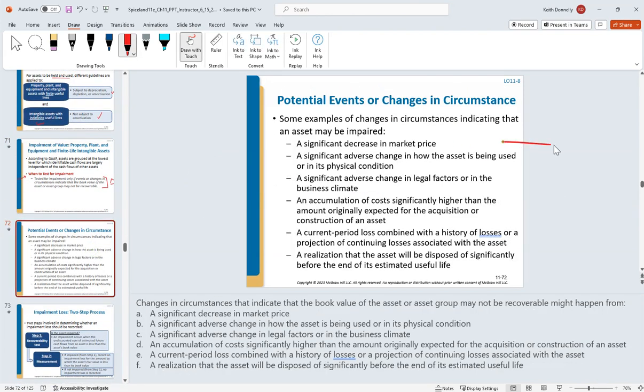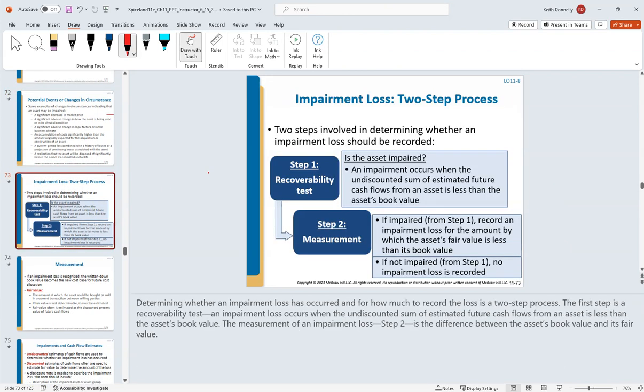So there are all these situations that could arise that would give indications, right? Maybe there's a significant decrease in the market price. All of these different scenarios. Whenever there's a change that would make it reasonable to test for impairment with regard to PP&E, we have a two-step process in this case.